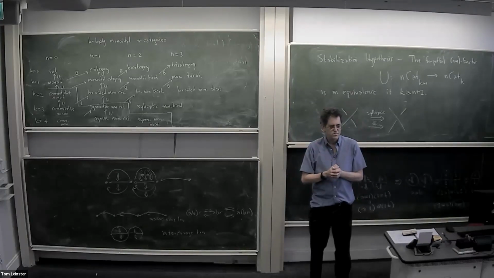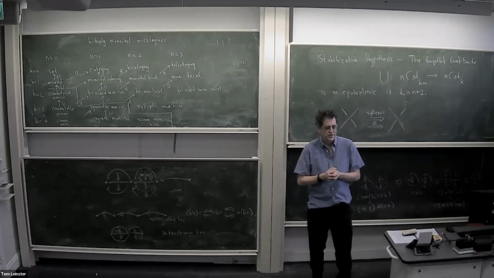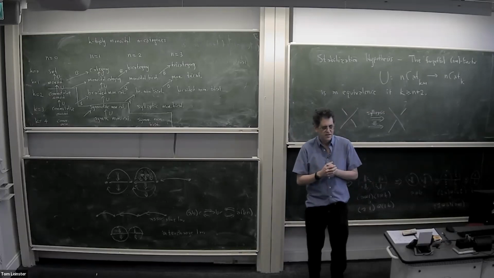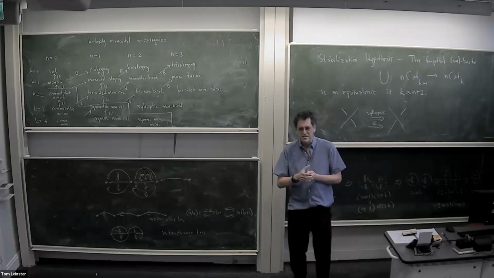And I'm not really a super expert on the best way to organize those size issues within categories, but there is an interesting interplay between the size issues and the inherent structure of n-categories, which I think people are still sorting out.